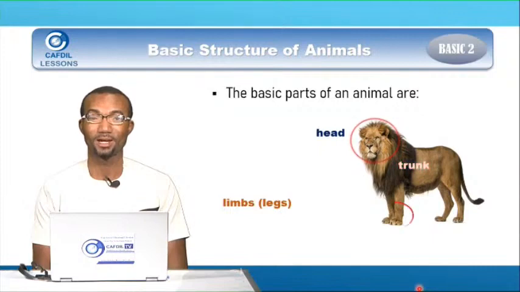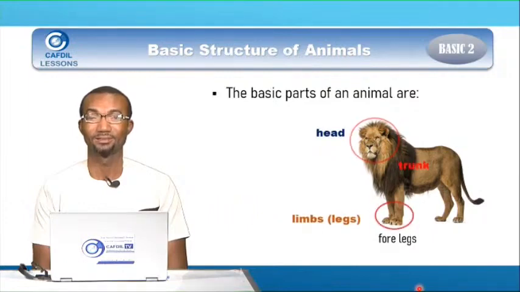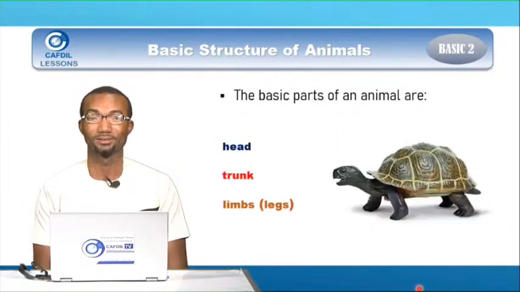And the last one is the limbs. We have four limbs: the forelegs and then the hind legs, and they make up the limbs or the legs. Good. Let's look at another animal.